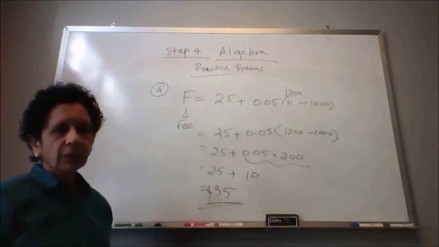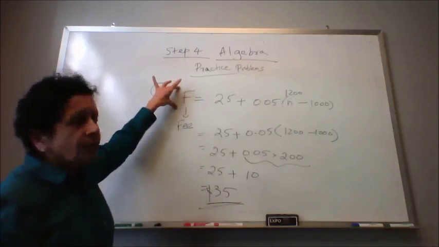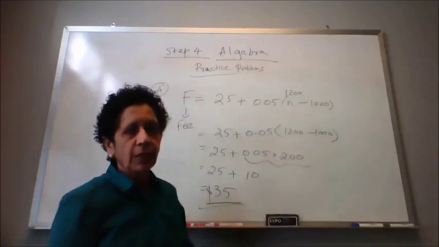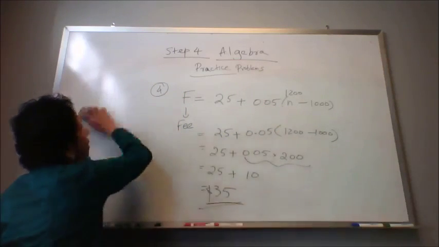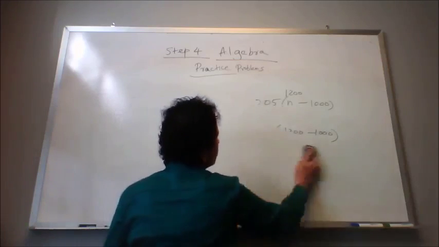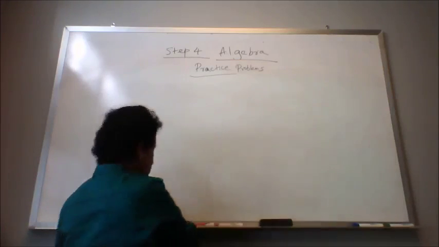Together, overall, he paid $35. The fee is a function of the number of minutes, okay? The function problems are very easy. All you have to do is plug in the value of one quantity, and then you will be able to get the other quantity.